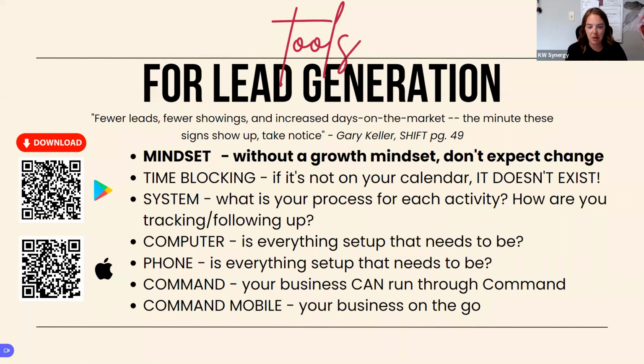Get your systems in place. What is your process for each activity? So now once you have your time blocking, you need to know what you're doing during that time block. So if it's your lead generation time block, if you're making phone calls, do you have your phone charged? Do you have Command up and ready to make your notes? Is your computer charged?